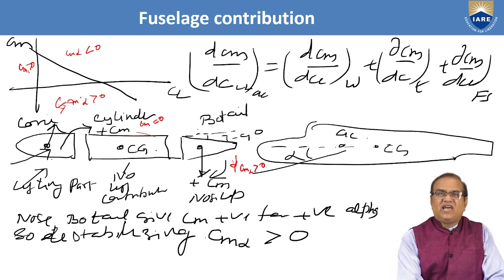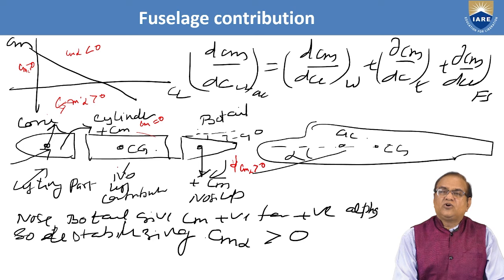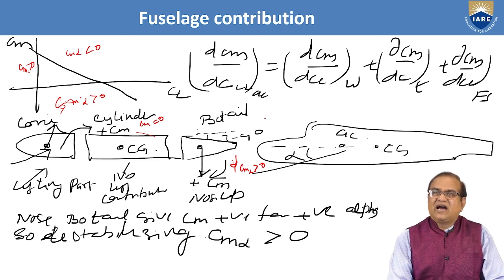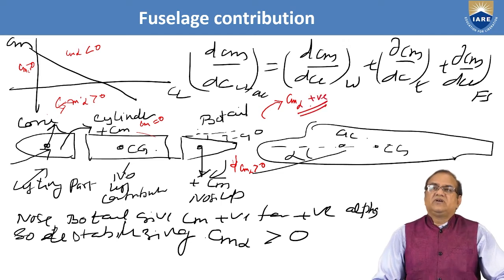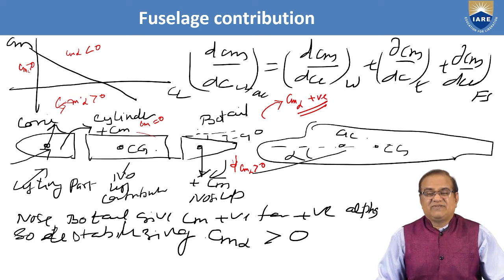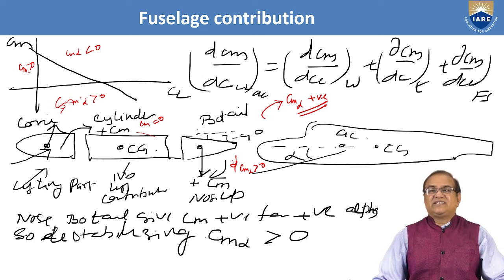So the total effect of your fuselage is in this direction, and the total is Cm positive. So the effect of the fuselage is to create instability. It is not useful for getting the negative Cm alpha.